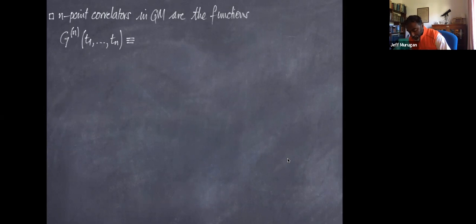And I define this to be the vacuum expectation of the time-ordered product of q of t1 through q of tn, where the q's are the operators, the position operators corresponding to the generalized position variable q, acting on 0. Remember, in quantum mechanics, everything's just a function of a single variable.